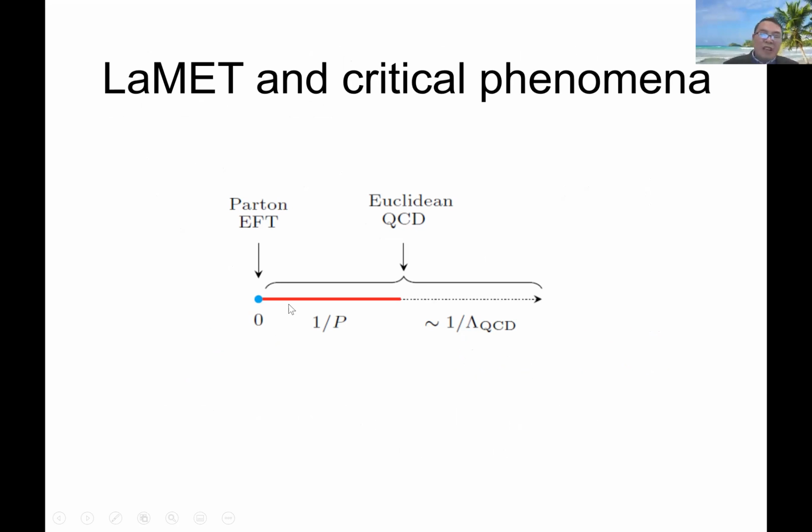The red region is where the system can flow into the critical point under the renormalization group transformation. Therefore, if you can study the system in the red region, you can try to extract the critical point properties. And that's what people do in condensed matter physics all the time. You study systems close to the critical point.